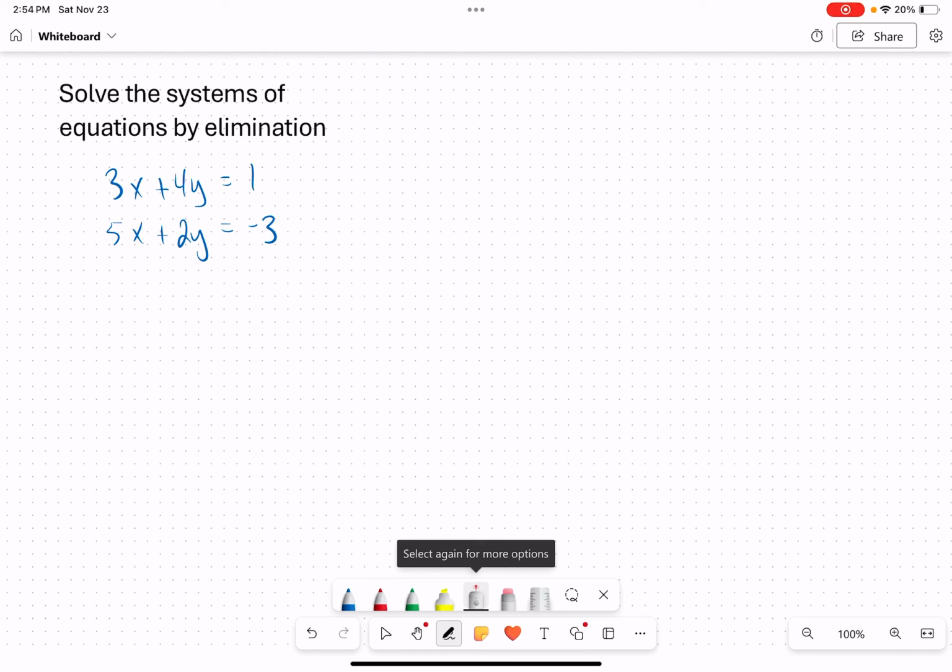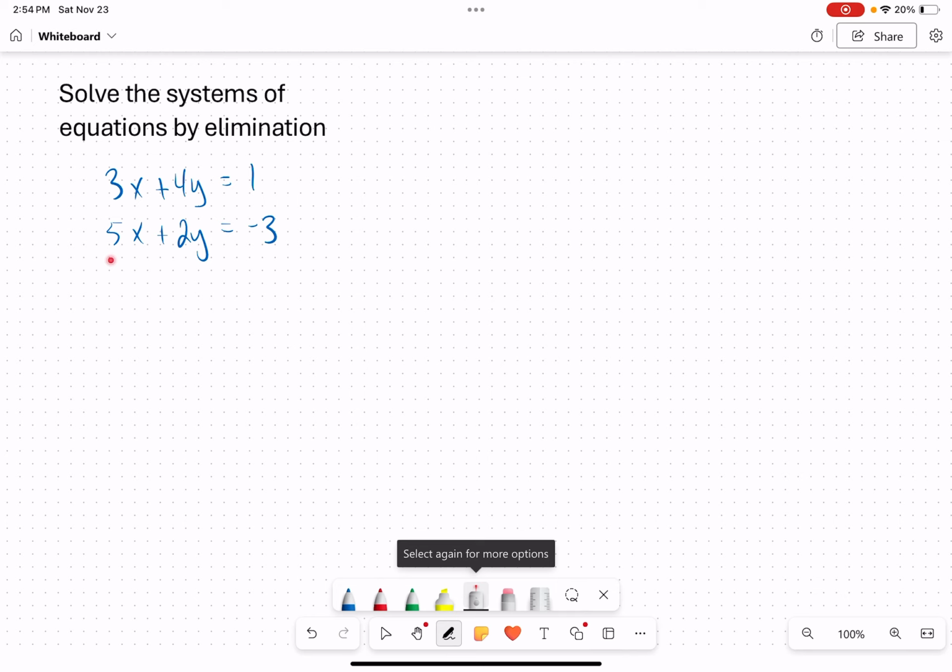In other words, do the two variables, the x or the y, have the same coefficient? No, they do not. Okay, well, then I ask myself, do they have different signs? Well, they don't. They both are positive, and here we don't have a sign. That means it's positive, of course. So we're going to need to change one of these two variables depending on which one we want to eliminate.